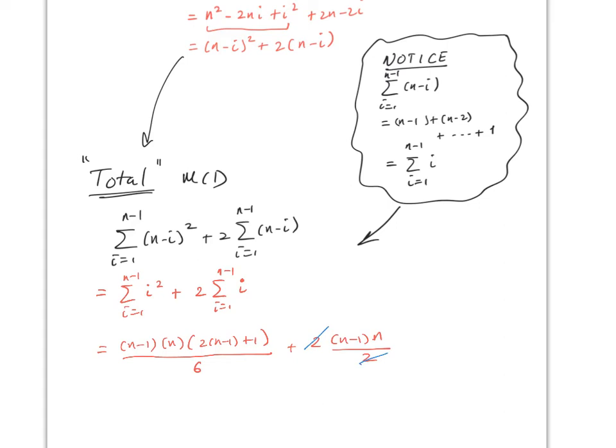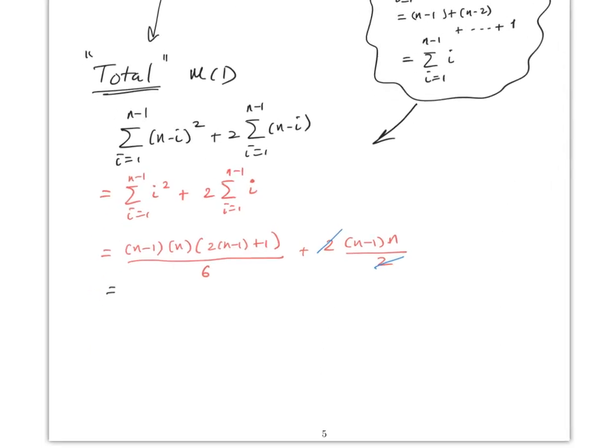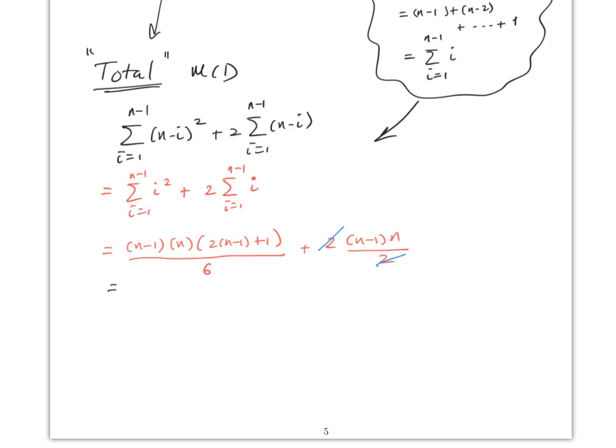Here the 2's cancel. The numerator becomes n times n minus 1 times 2n minus 1 divided by 6, plus n minus 1 times n.